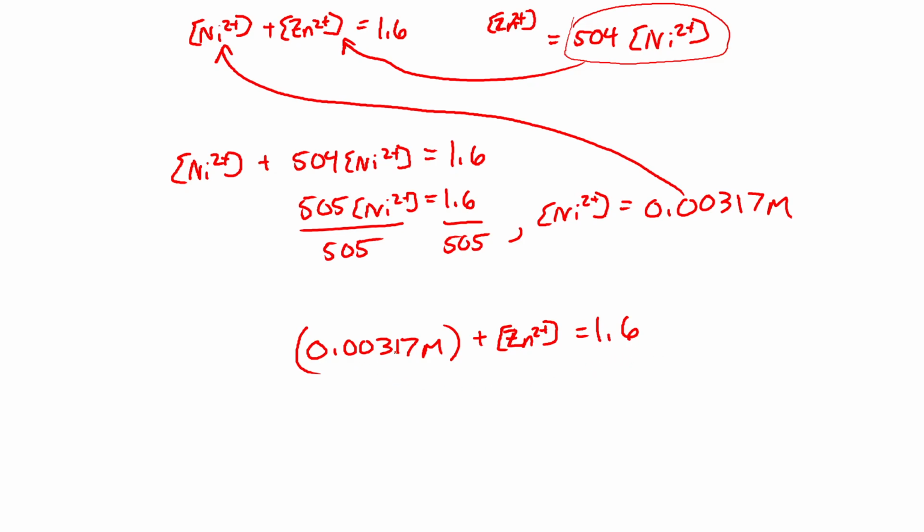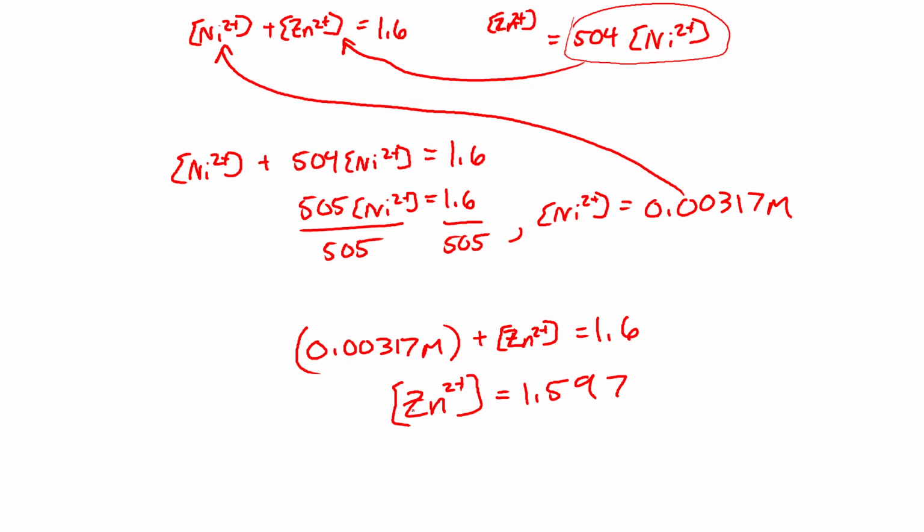So I'm just going to end up subtracting 0.00317 from 1.6. And I'll end up with something that is essentially still 1.6, but not exactly 1.6. And that is 1.59, let's see, 7, I guess we'll say.